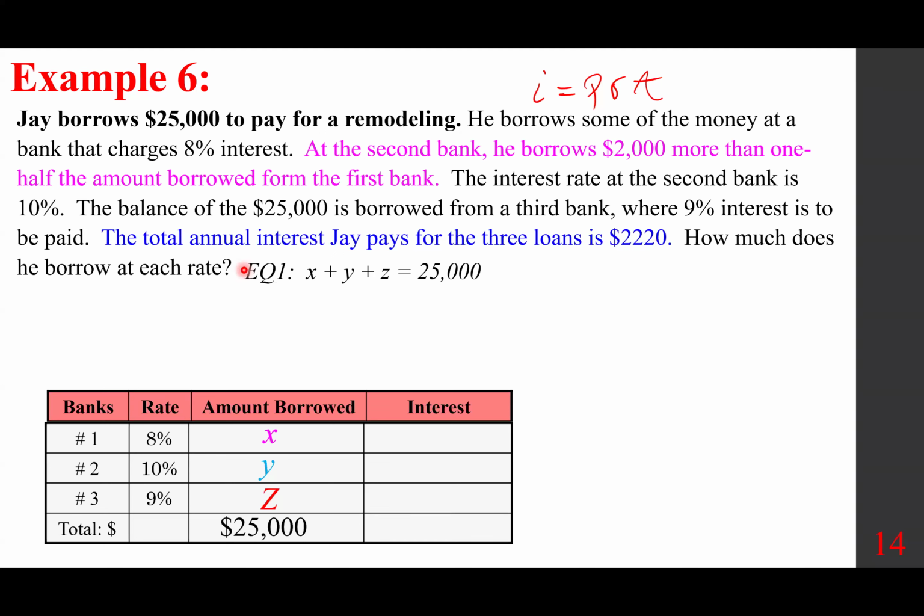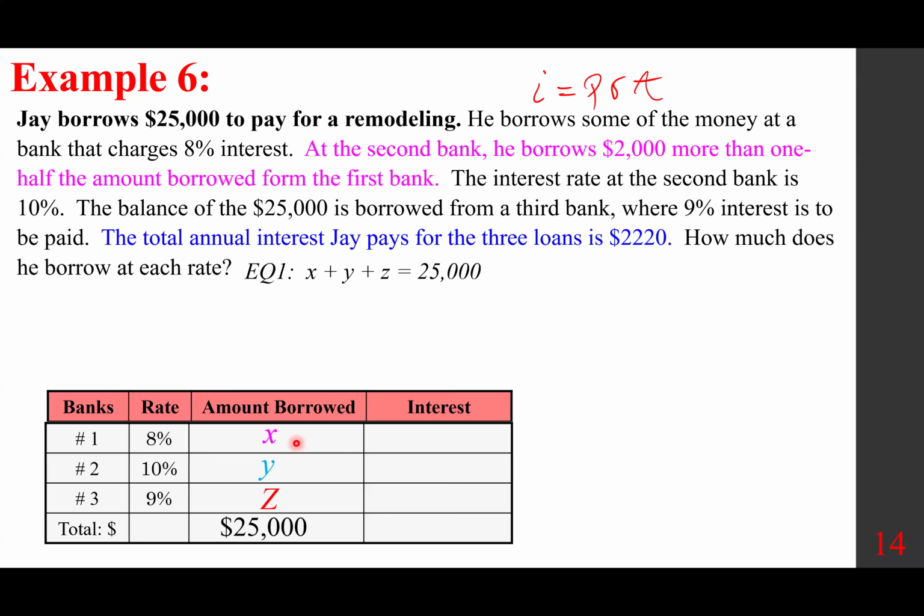So here's equation number 6. Equation number 7, we can write it right here. It says at the second bank, he borrows 2,000 more than 1/2 the amount borrowed from the first bank. So the amount that we borrowed here, y, is 2,000 plus half of the first bank.